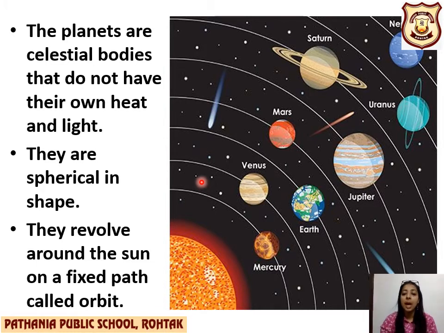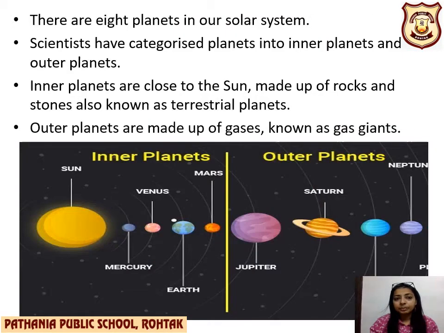And what is that path called? That path is called the orbit. उसको क्या बोलते हैं? Orbit of that planet. So here you will see that the orbit of the Earth is this, where you can see the pointer. This is the orbit of the Earth, and the Earth will move only on this orbit.